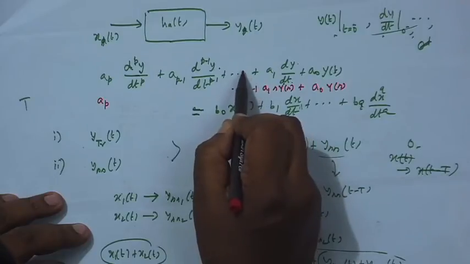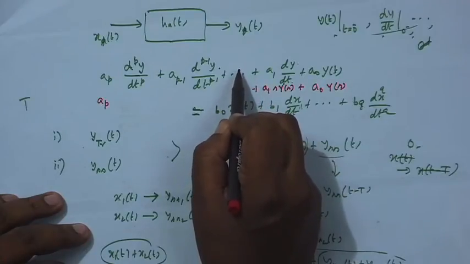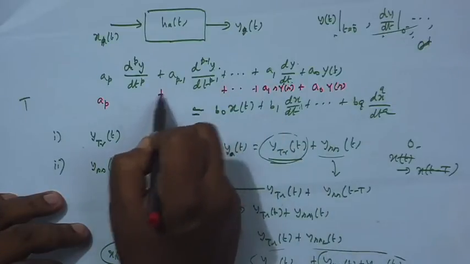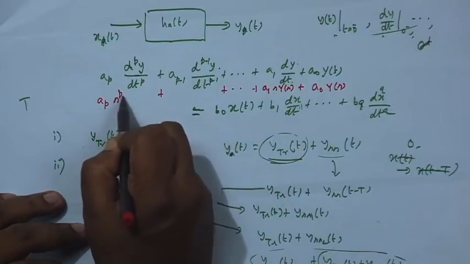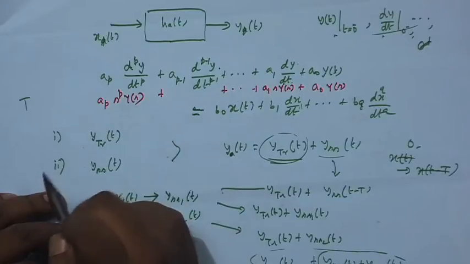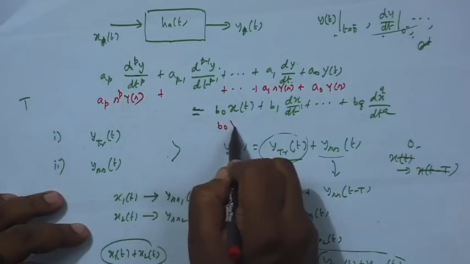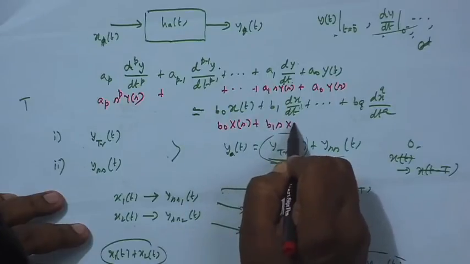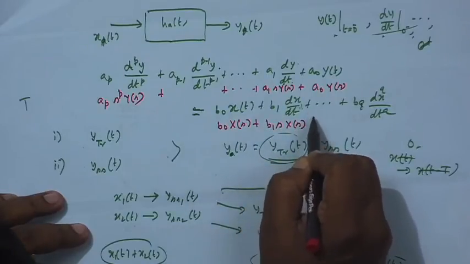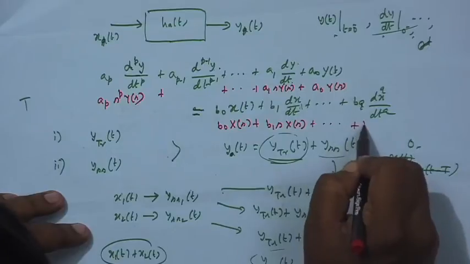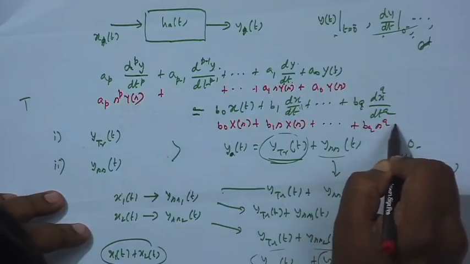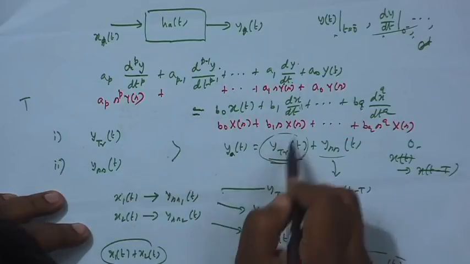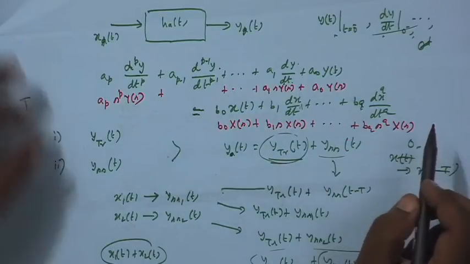Next one, if it is A2 d square y dt square, it will be A2 s square Y(s), up to Ap s to the power p Y(s), and here it will be B0 X(s), then B1 sX(s), then B2 s square X(s), up to Bq s to the power q X(s). So, you take Y(s) common, X(s) common, and you take the ratio.